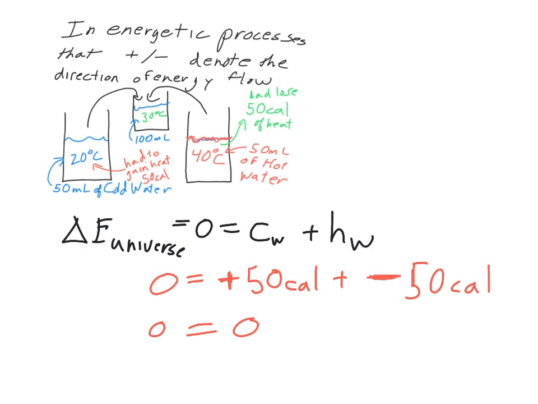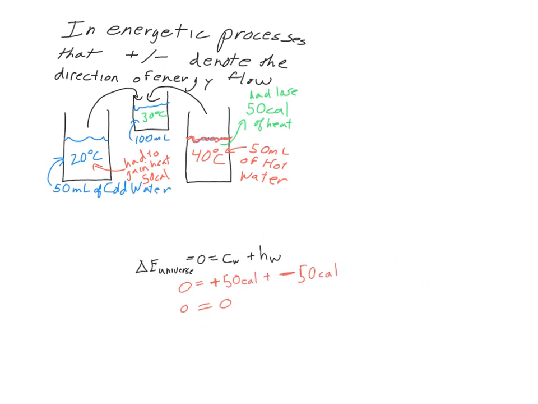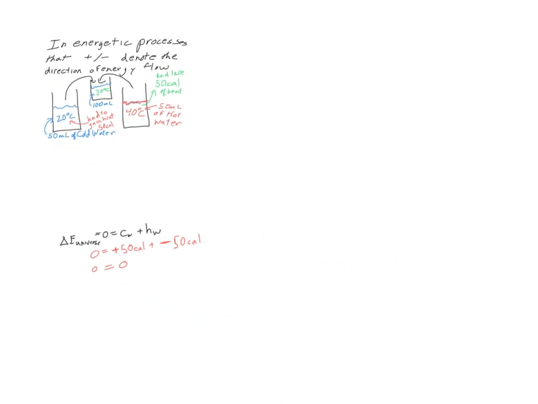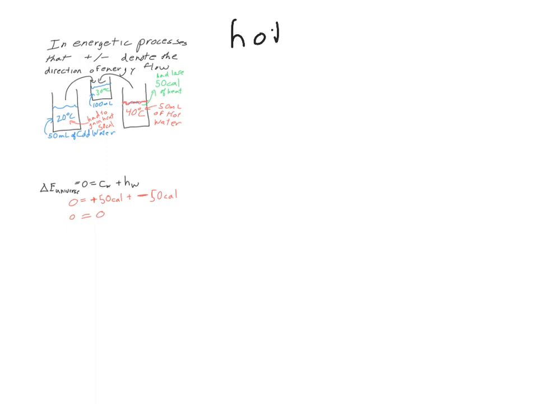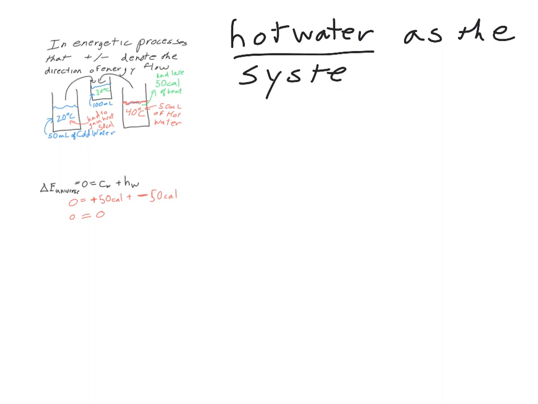Thinking about our examples helps us define a couple rules here. Let's deal with our hot water first. If we view the hot water as the system, in other words, what we're studying, then it lost energy.